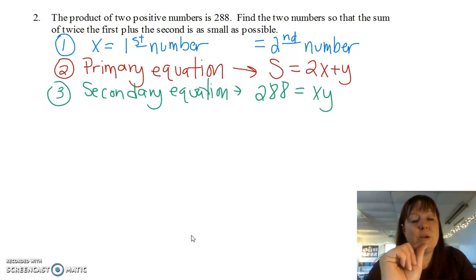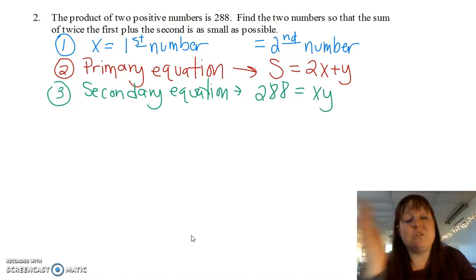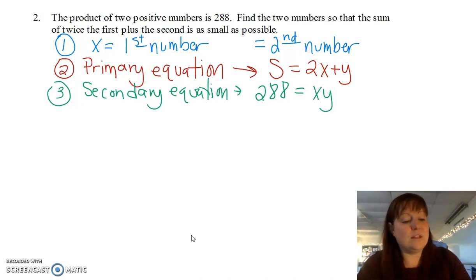Our secondary equation is going to plug into our primary equation so that we have our primary equation in terms of one variable. It only needs to have one variable because we're trying to optimize it, and we can only take the derivative of one variable in optimization. So let's get our secondary equation so that either x or y is all by itself.